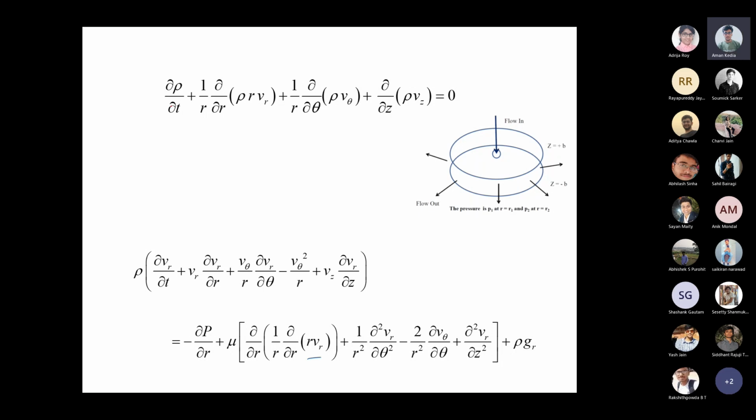So the first one is obvious, that it's a steady state problem. So we do not have any time variation, any transient term in this, and we'll also assume that it's a liquid of constant density. So therefore, all the rho, the densities appearing in these terms can be neglected.